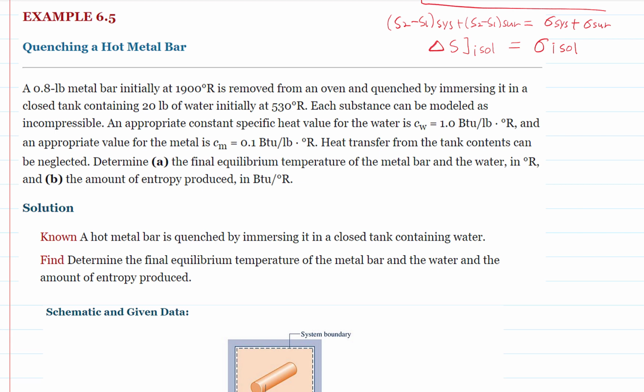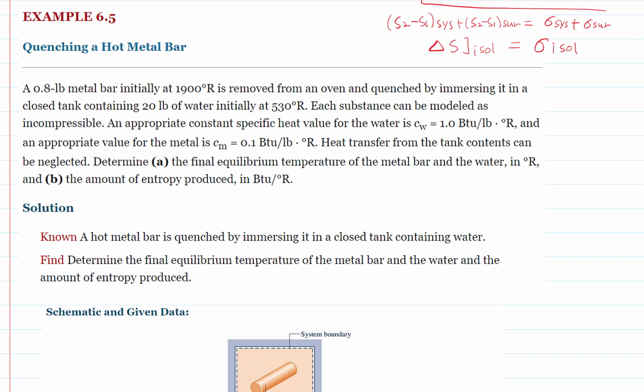A 0.8 pound metal bar initially at 1900 degree Rankine is removed from an oven and quenched by immersing it in a closed tank containing 20 pounds of water initially at 530 degree Rankine. Each substance can be modeled as incompressible. An appropriate constant specific heat value for the water is Cw, 1.0 BTU per pound degree Rankine.